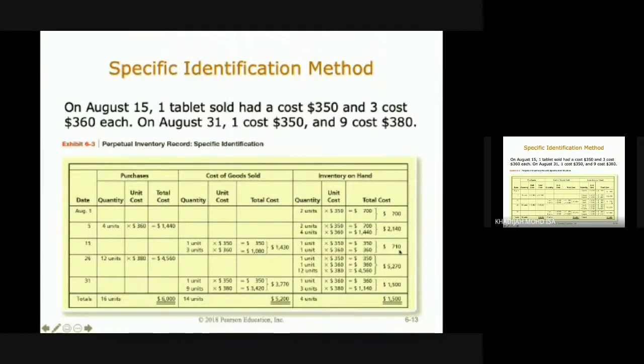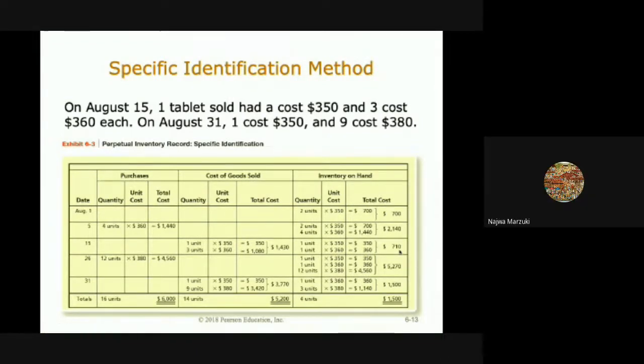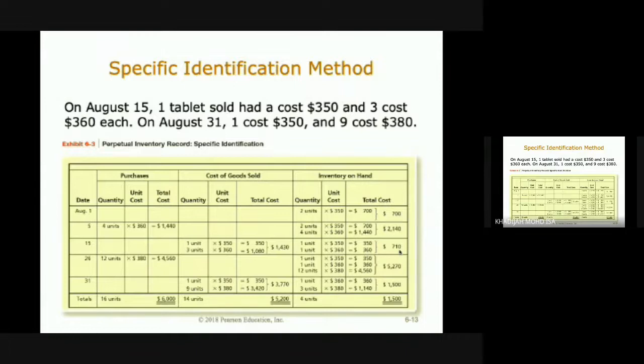Are you following? Yes, madam. May I ask, madam? Yes. When the question is asking us, they will give us the unit cost, right? Yes. In specific identification, they have to give you the unit cost, because the name is specific identification. So they have to be very specific about the cost of each unit sold.